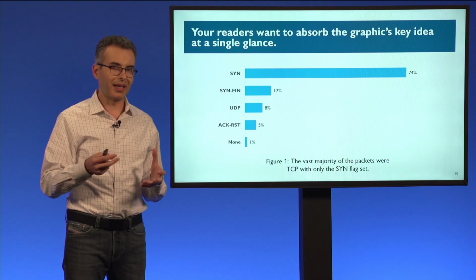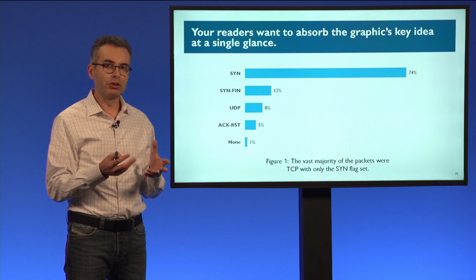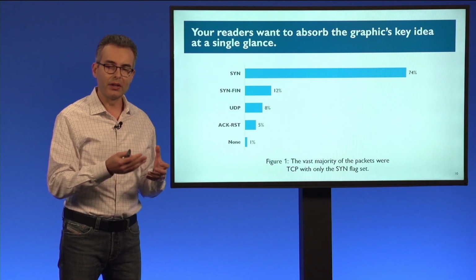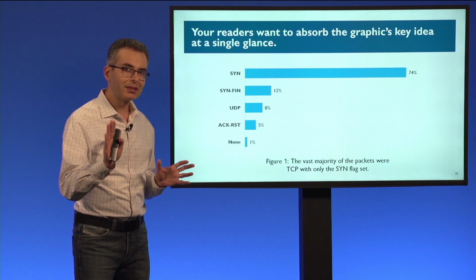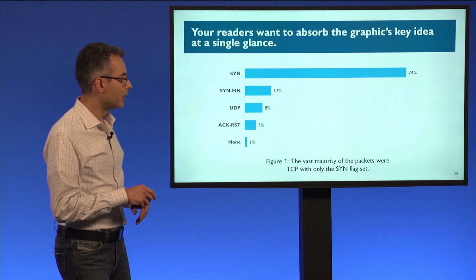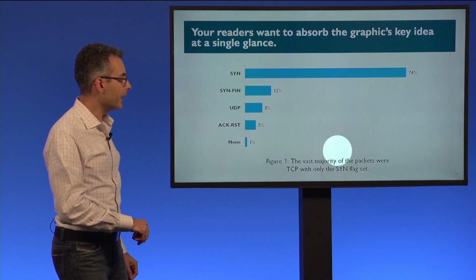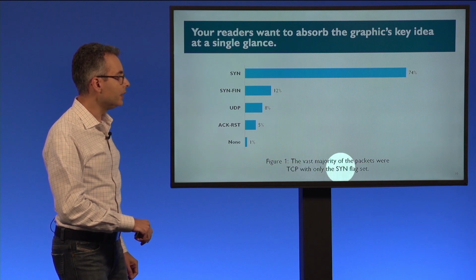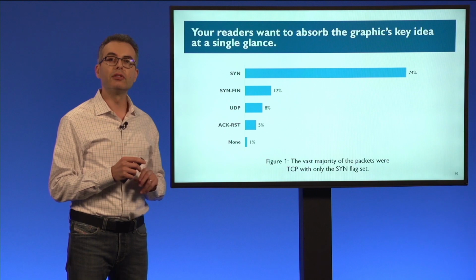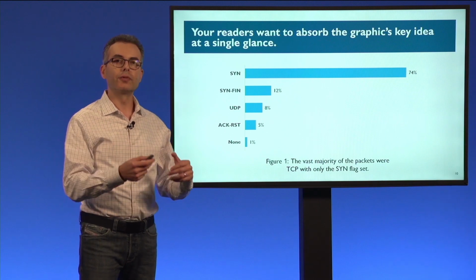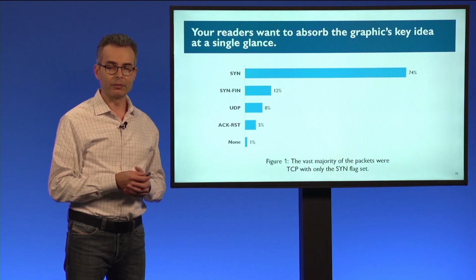I'm not sure if I can correctly derive the meaning from the original chart. It was quite hard to interpret, but I think the intent was something along these lines. The vast majority of the packets were TCP with only the SYN flag set. And I assigned a figure number to this chart so that I can refer to it more easily from the body of my text.